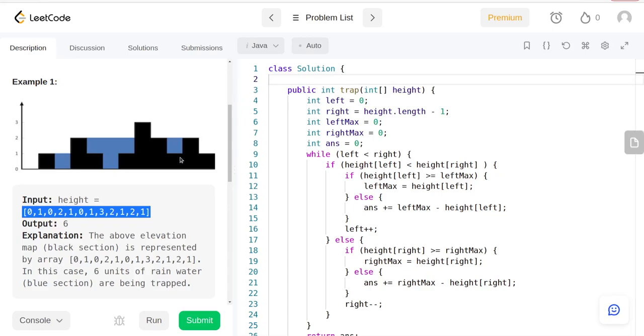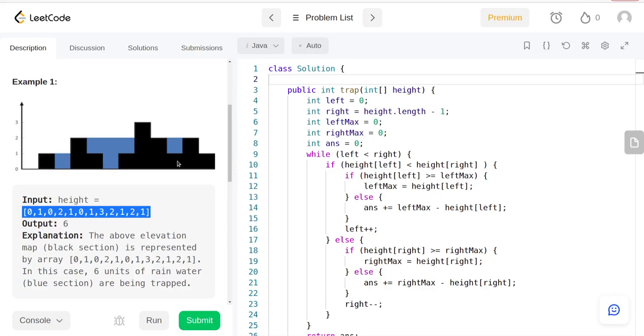Similarly, we're going to be doing a very similar thing on the right hand side. If you see a bigger number, like a hill, because we're going to be going from right to left for the right pointer, then if the height of the next index you are working on is greater, you just update the maximum right you have seen so far.